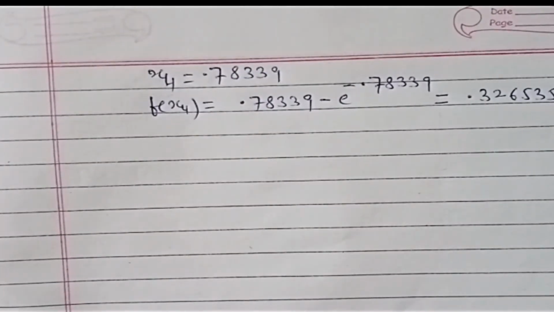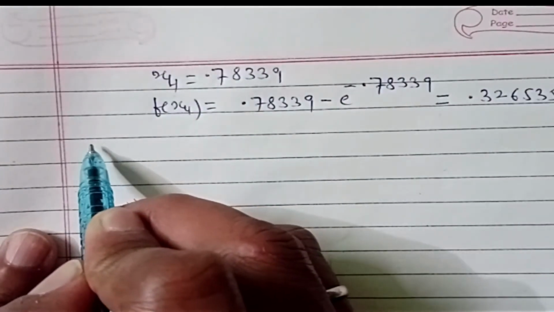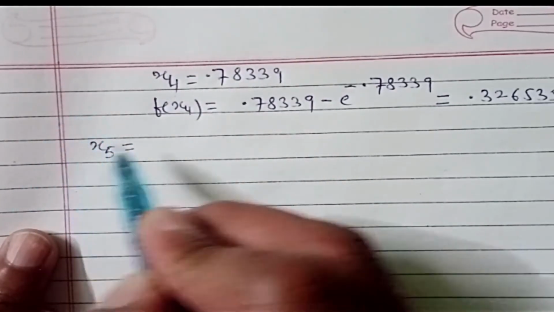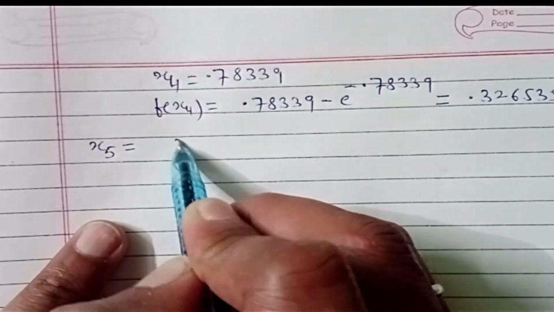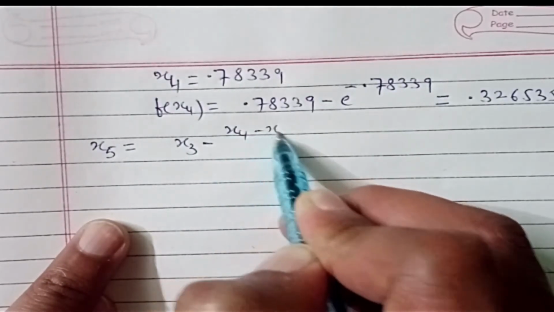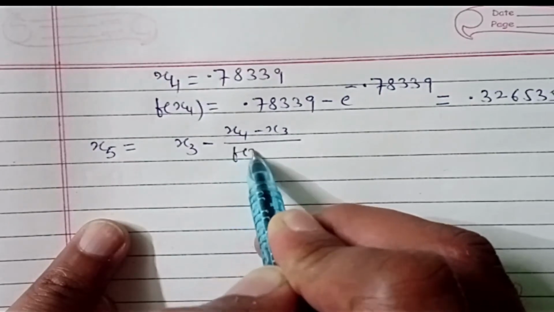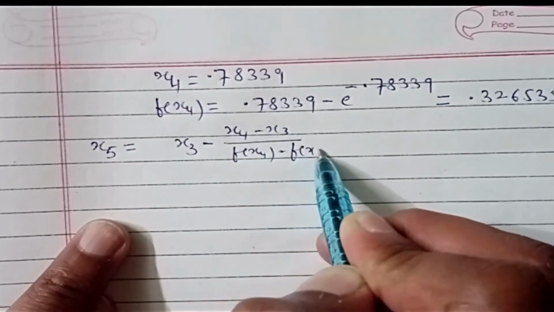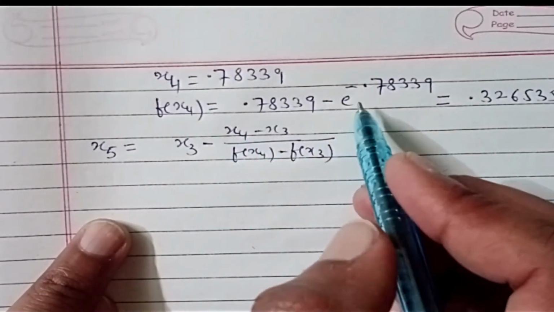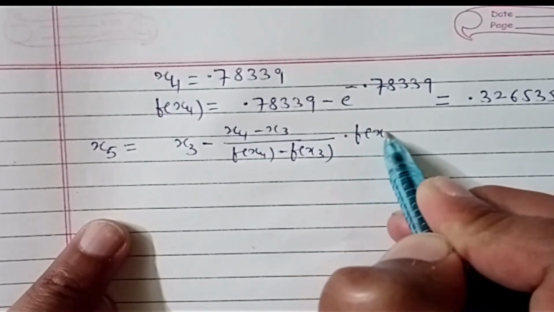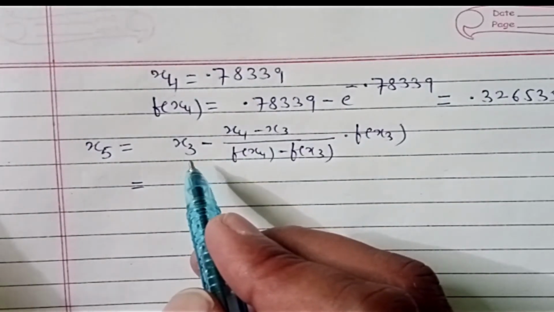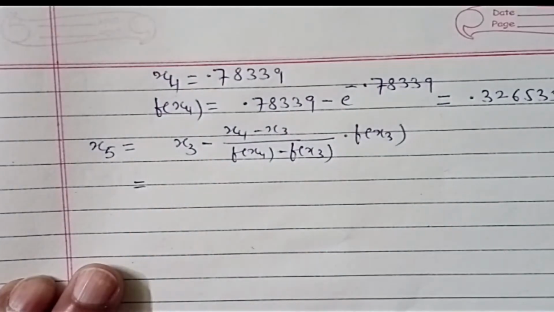Now the fifth approximation, x5 is equal to x3 minus (x4 minus x3) upon (f of x4 minus f of x3) multiplied by f of x3.